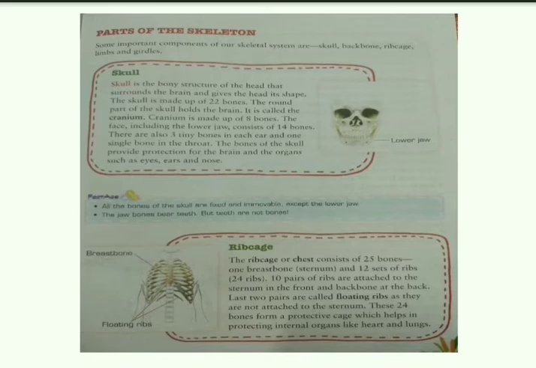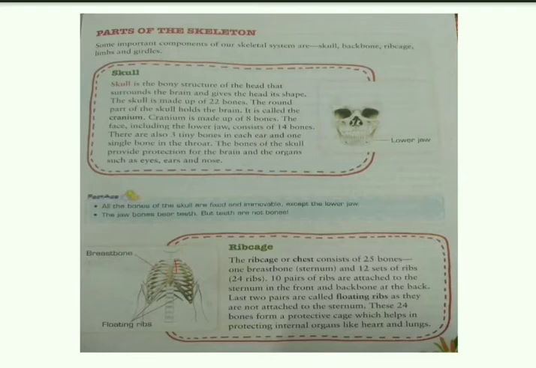When you look into the diagram, you can find that the last 2 sets of the ribs are not connected to this sternum or breastbone, and these last 2 sets of ribs are called floating ribs, as they are not connected or attached to the breastbone.